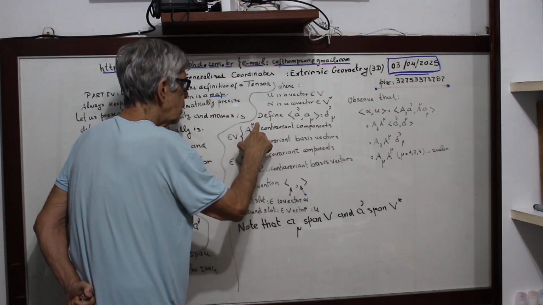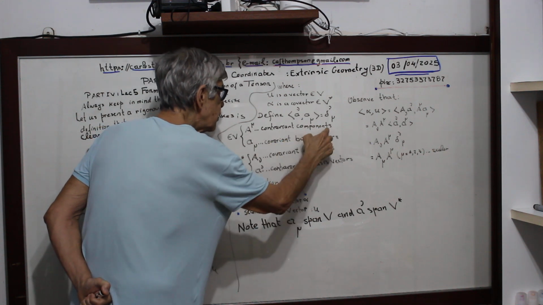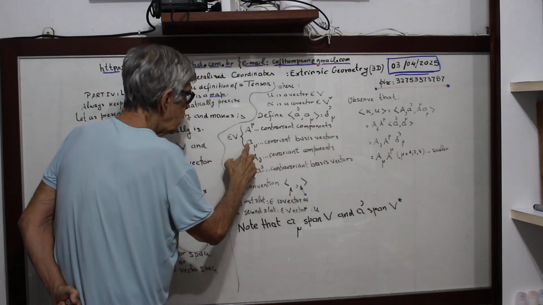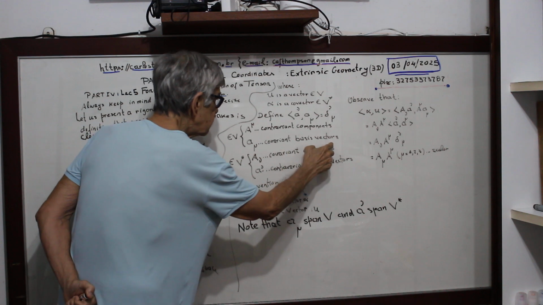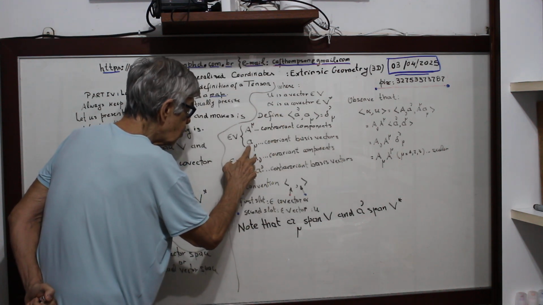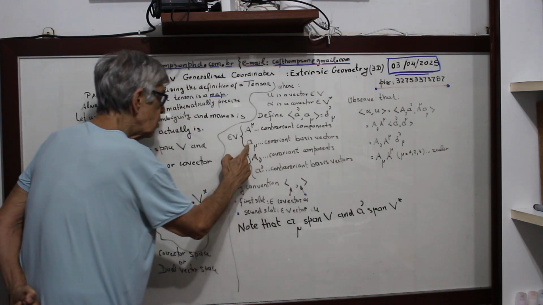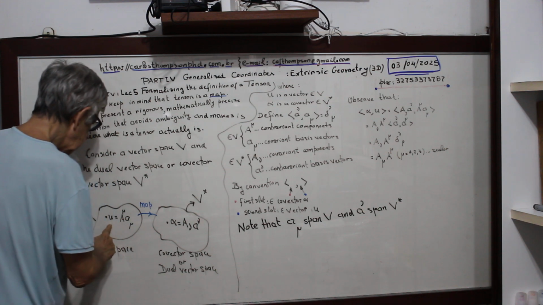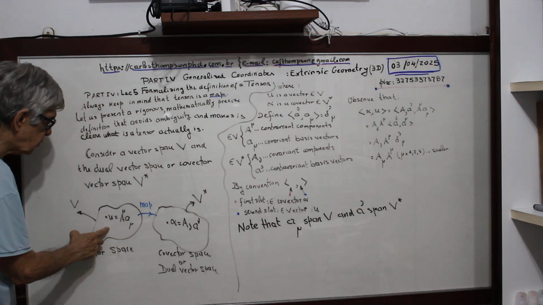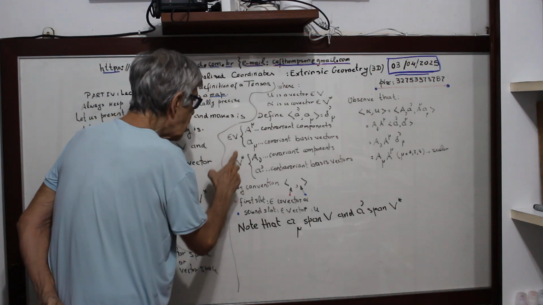Now A mu, okay, upper index is contravariant components. A mu covariant basis vector. Attention now. This covariant basis vector, it belongs to V. You see the vector space. Okay. Now V star.